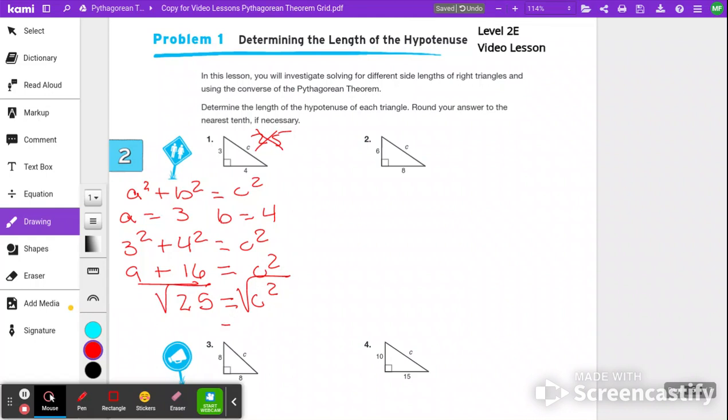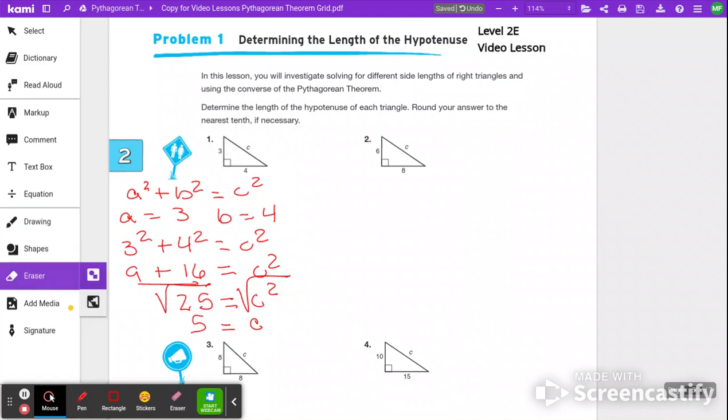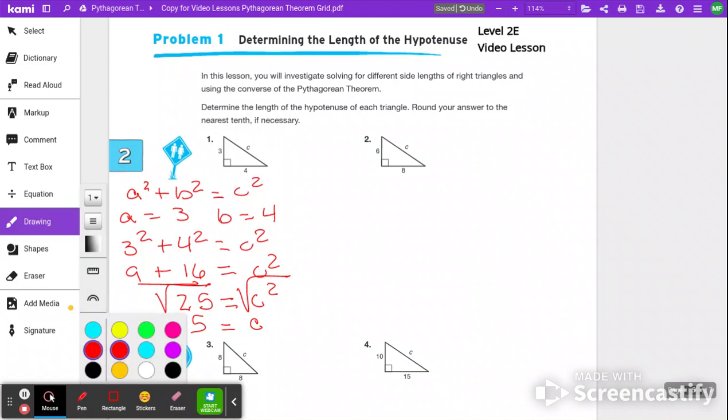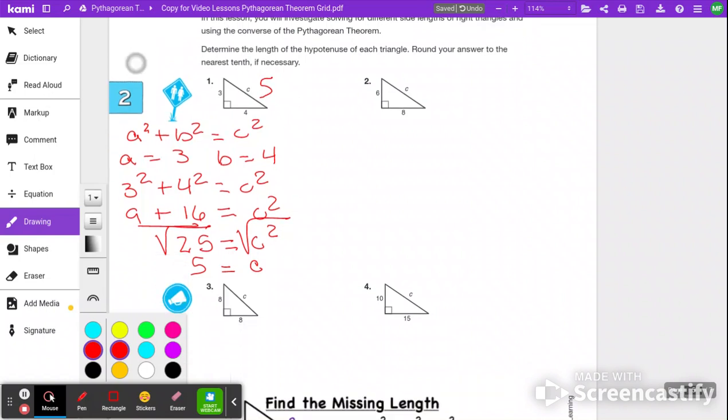The square root of c squared is just c, and the square root of 25 is 5. Therefore, the hypotenuse is 5.